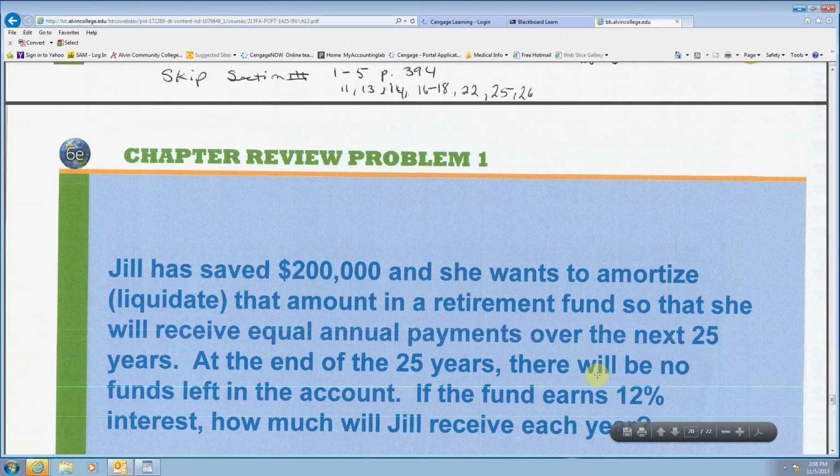At the end of the 25 years, there will be no funds left in the account. If the fund earns 12% interest, how much will Jill receive each year? So pause the presentation, use your amortization steps, and you will be using the future value table.